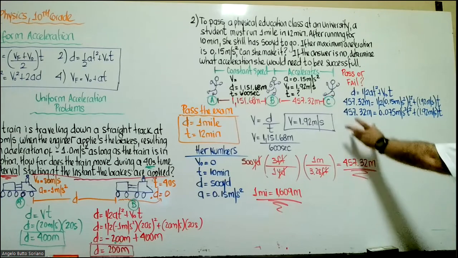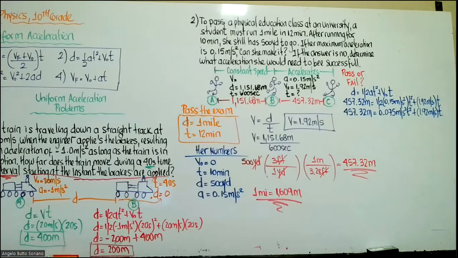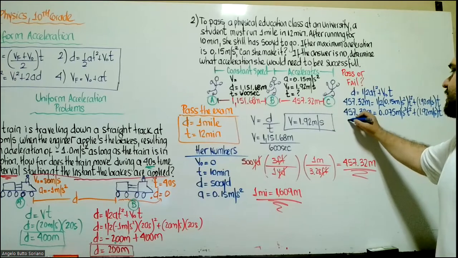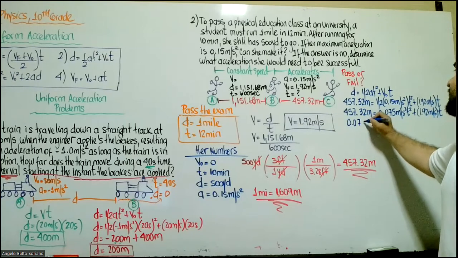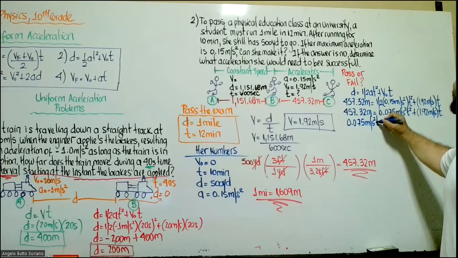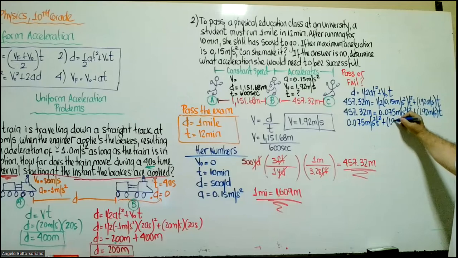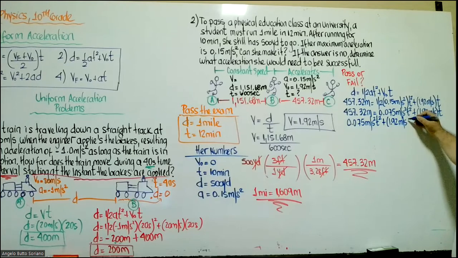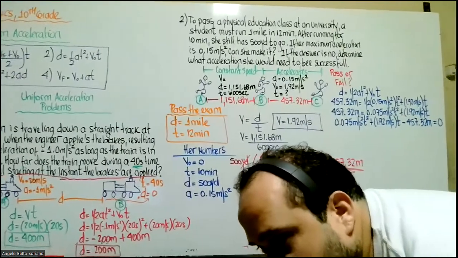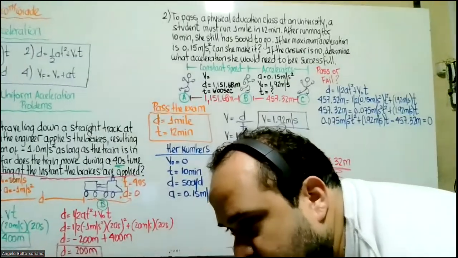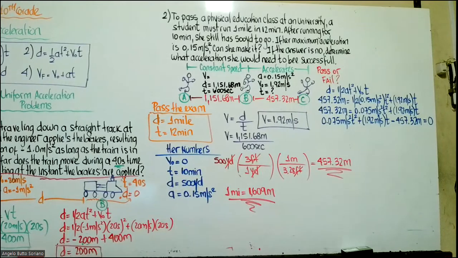If we move the distance to the other side by subtracting, we obtain a quadratic equation: 0.075 meters per second squared t squared plus 1.92 meters per second t minus 457.32 meters equals zero. And we have this quadratic equation.